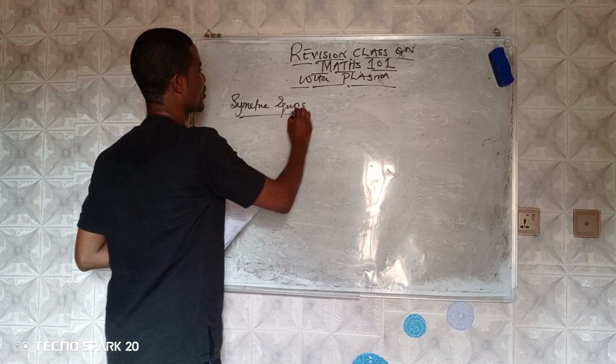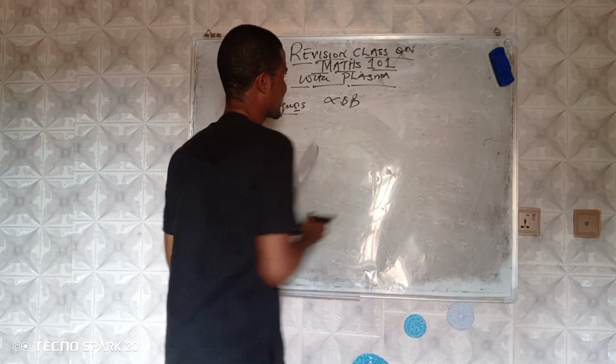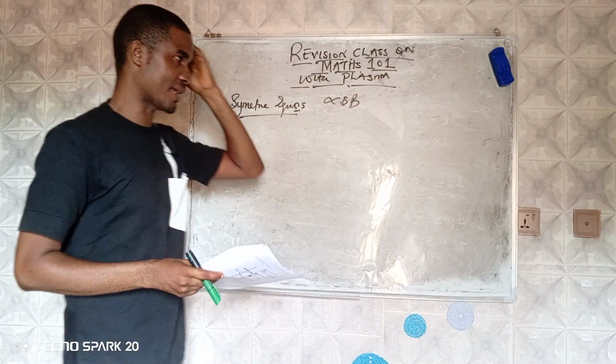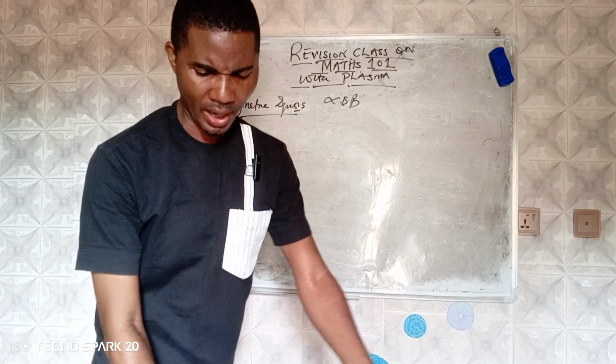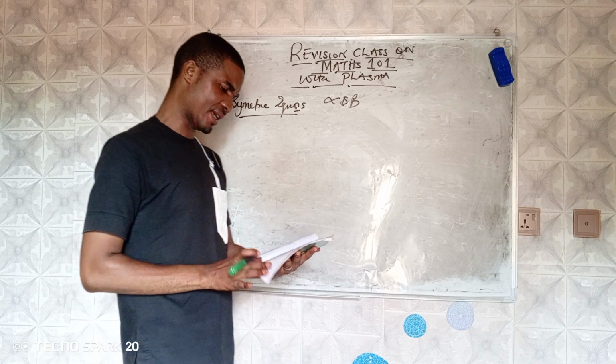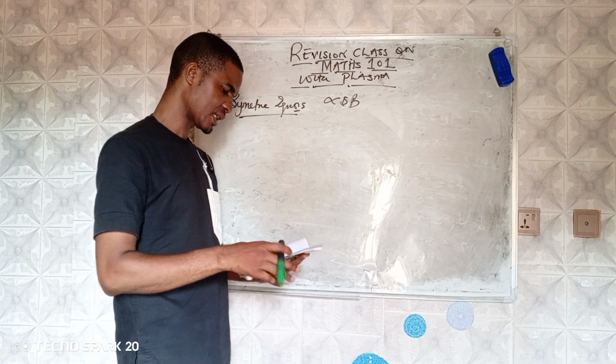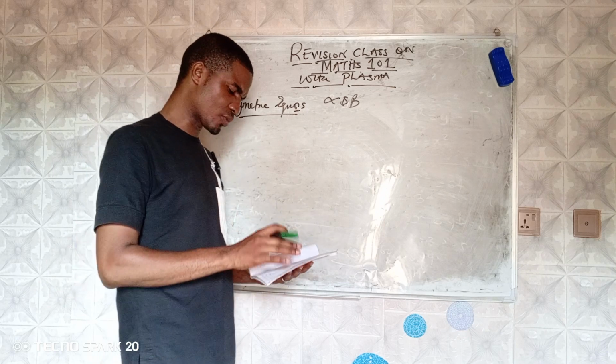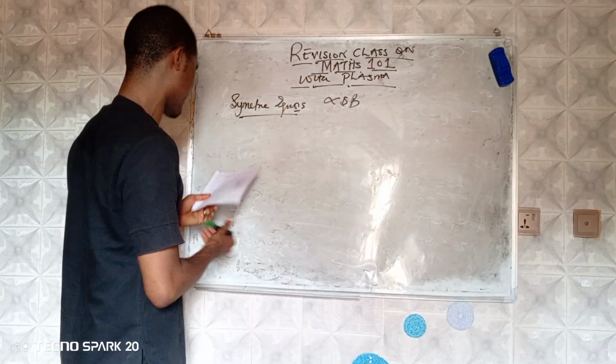This one is what you call alpha and beta. So when we come to alpha and beta as for symmetric equations, first of all, we need to know some important derivatives.